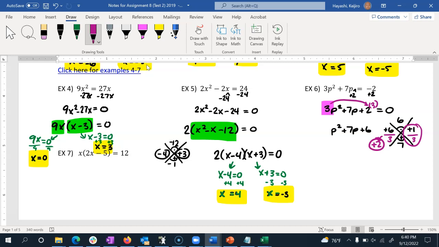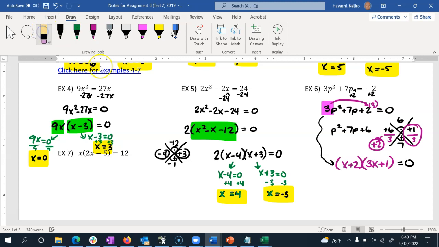So 3p squared plus 7p plus 2 factors into two things. That factors into p plus 2. And what's the other factor, though? The one that comes from the plus 1 over 3. Yes, 3p plus 1. And that equals 0. That is the factored form of this 3p squared.